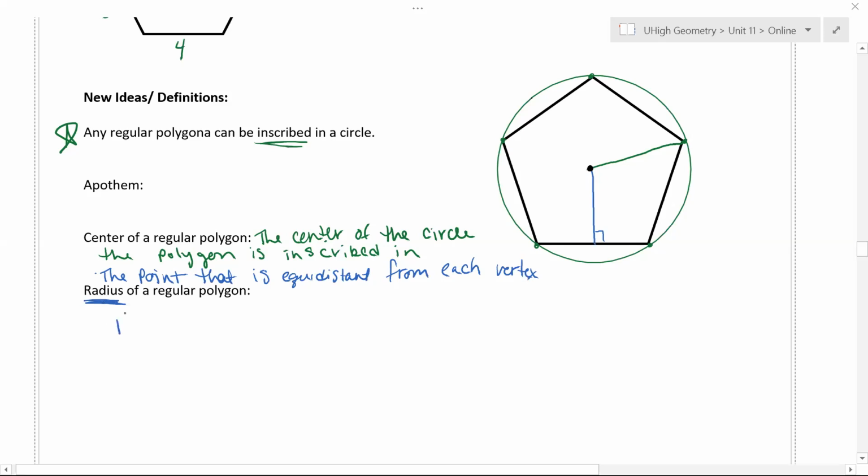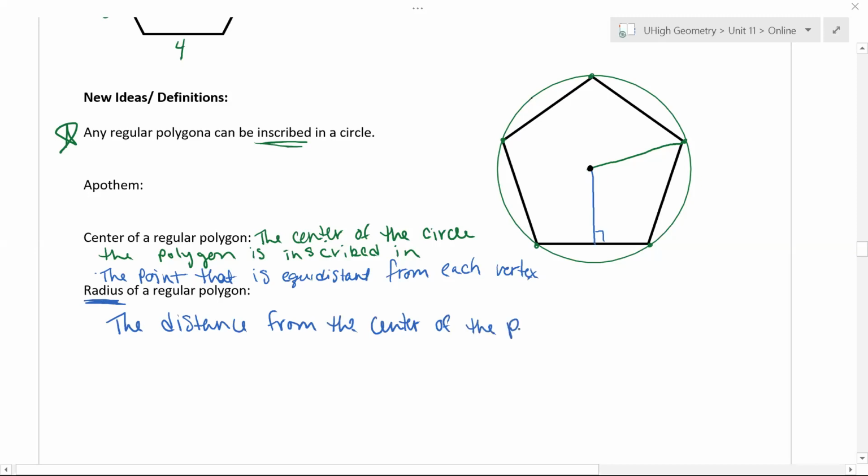It's going to be that distance from the center of the polygon to any one of its vertices.